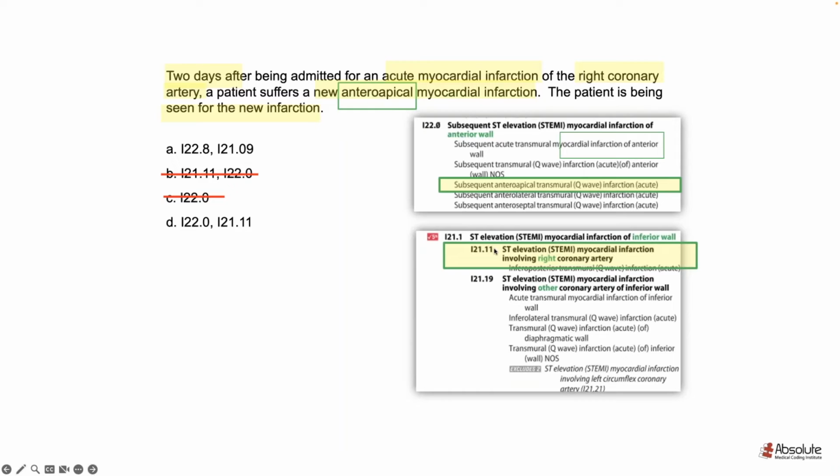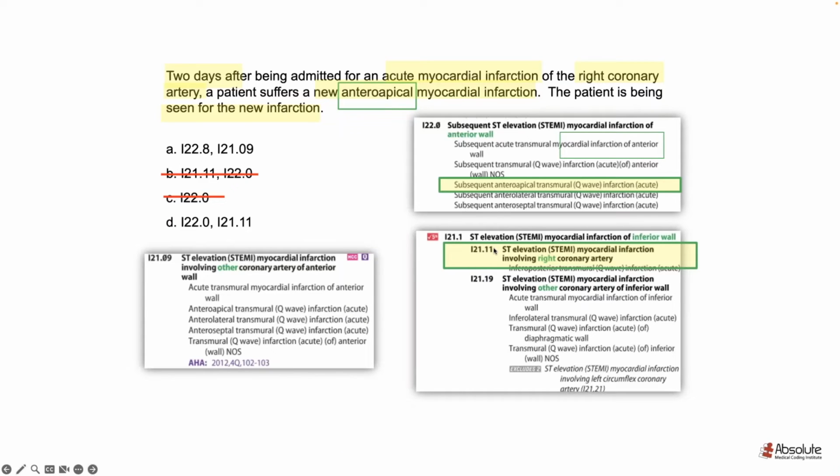And the second one is the acute. I know, I know. Some of you are like, what? But always think about what they are treating. What is the RFE? Now, I21.0, this is STEMI involving other coronary artery of anterior wall.